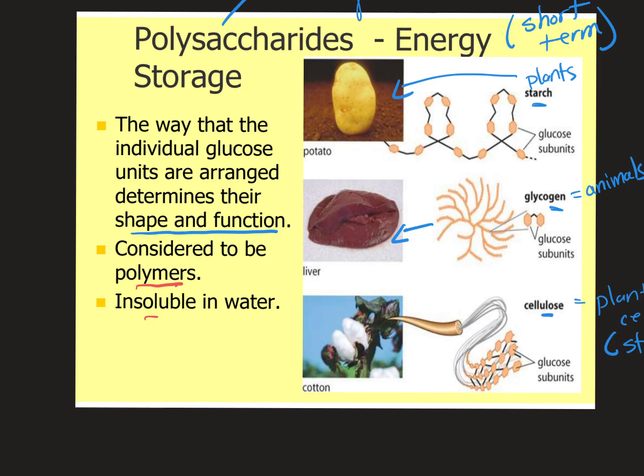And they are all insoluble in water. So this is what really makes them good for storage. Not so good for transport like glucose is, but because they're insoluble in water, there is no osmotic gradient problem like there is with glucose if you wanted to store it.